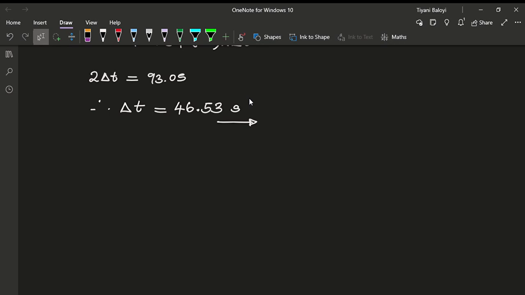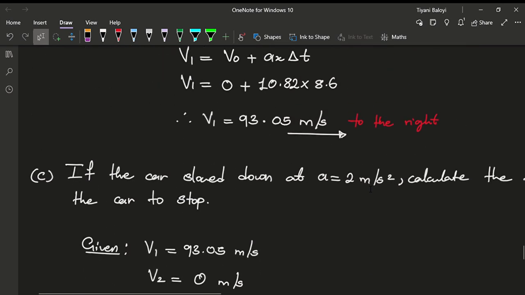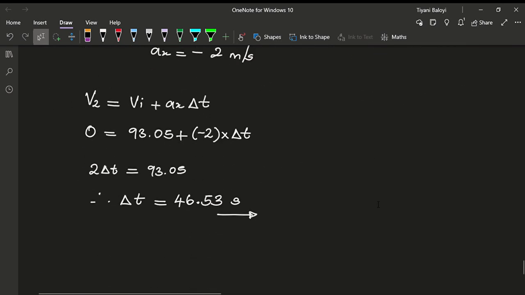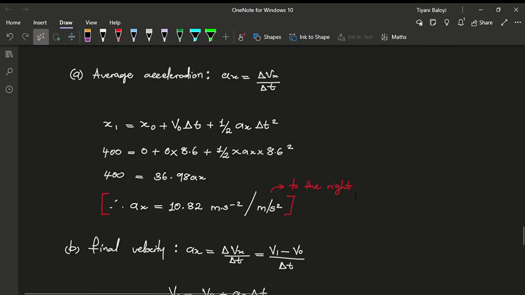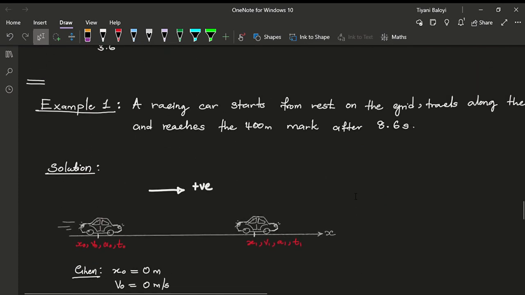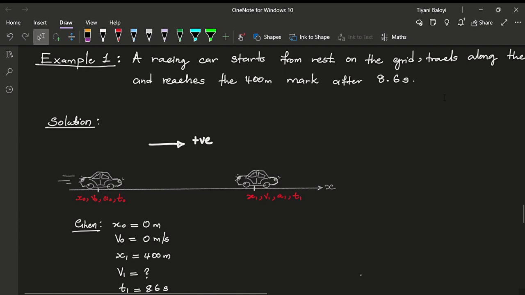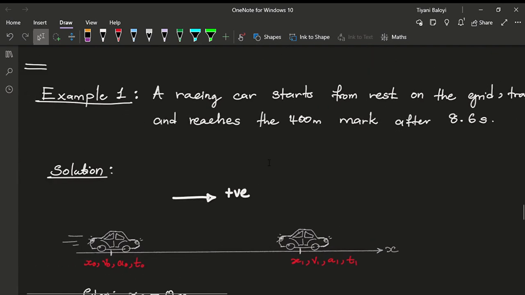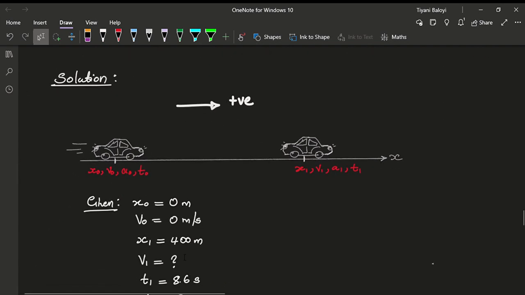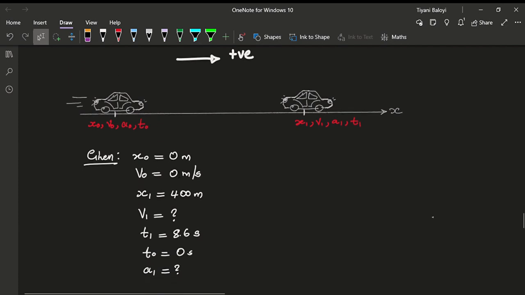So let's see, we're done with that question. Let me just give you a brief run-through of what we did. We had our racing car, right? We had our question there. So we just drew the diagram, and after drawing the diagram, what did we do? We looked at what was given and what we didn't have, right?